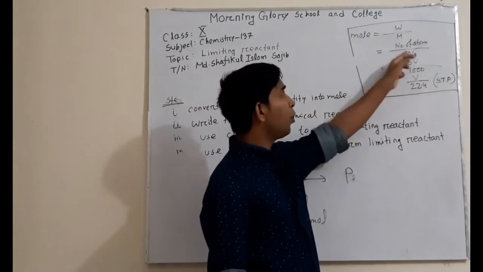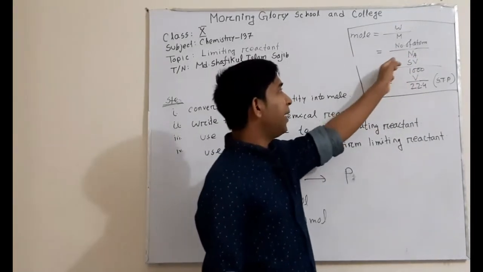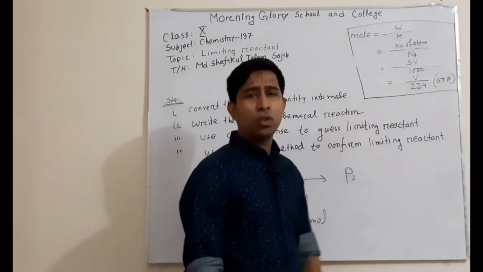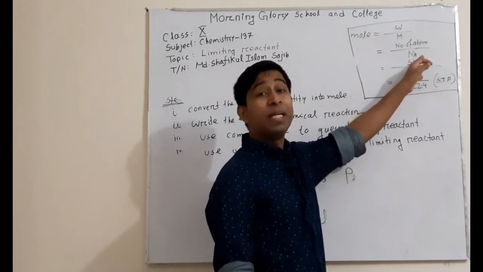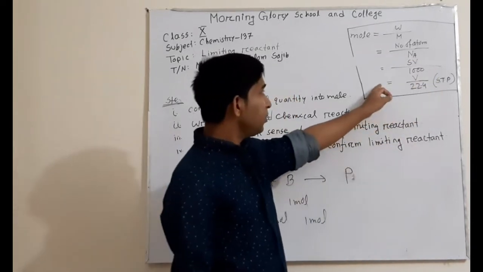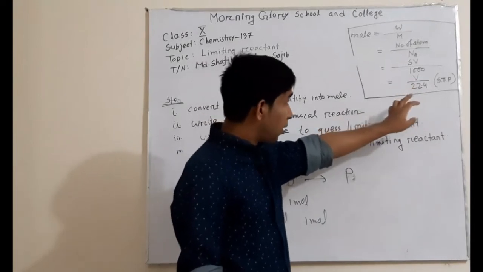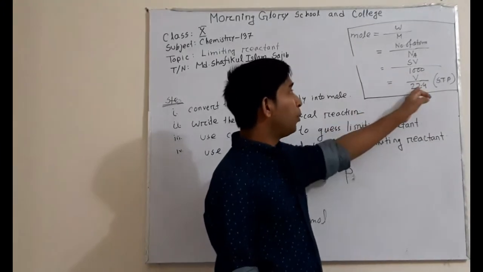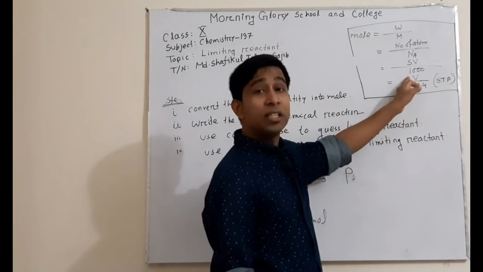Mole equals number of atoms divided by Avogadro number. Mole equals MV divided by 1000, where M is the molar concentration of the solution and V is the volume in milliliter. If the substance is gaseous, then at STP, mole equals volume divided by 22.4 liter, where V is in liter.